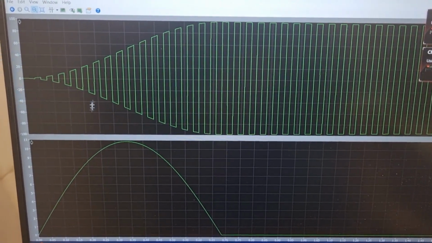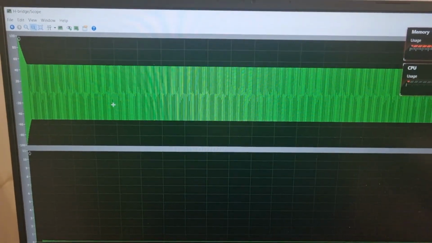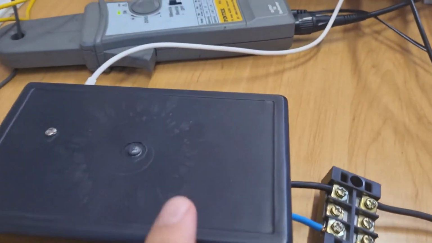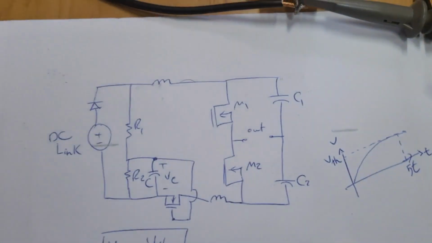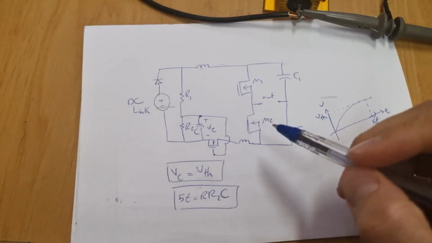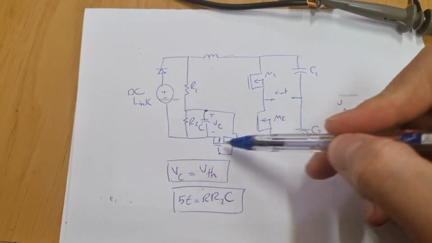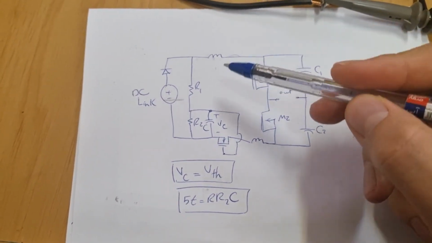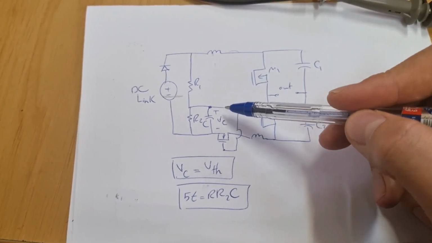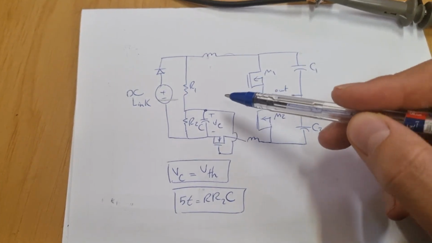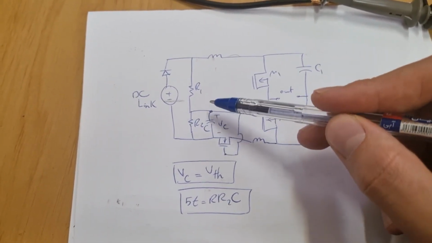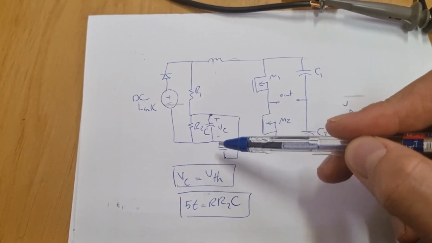So now we are going to show the converter, which is in this box, and the topology of the circuit, and I'm going to explain how this circuit works. As you can see, I used a voltage divider which contains R1, R2 and C, and the positive port of this capacitor is connected to the gate of this MOSFET.